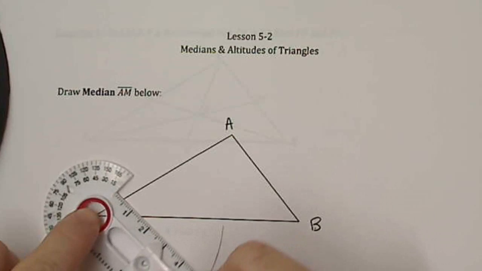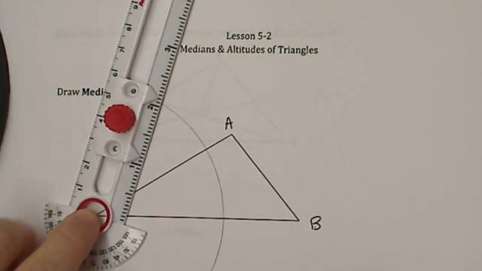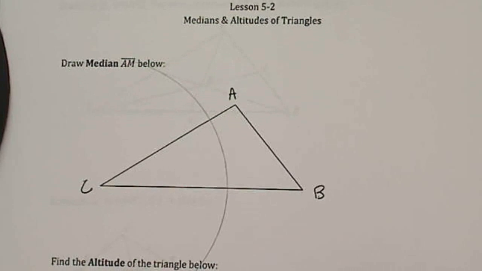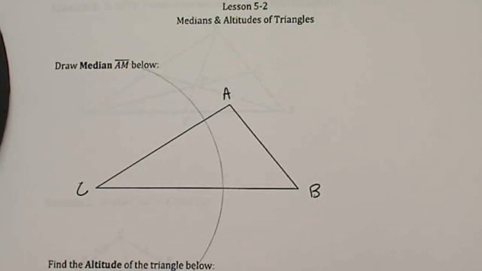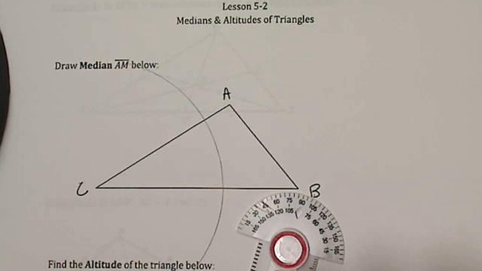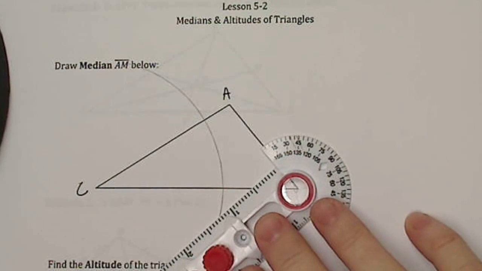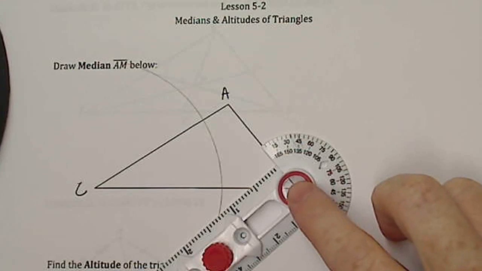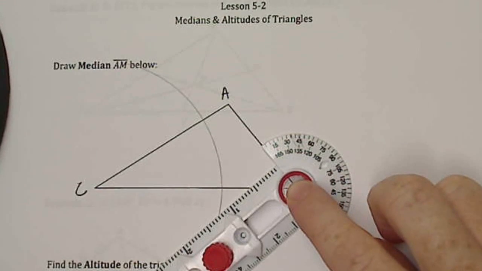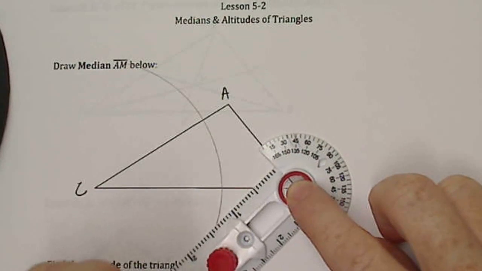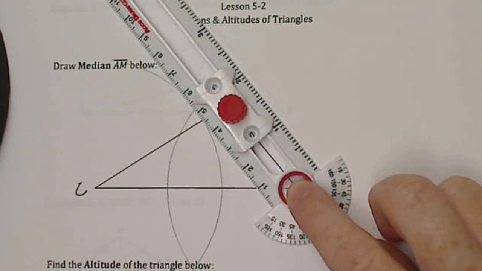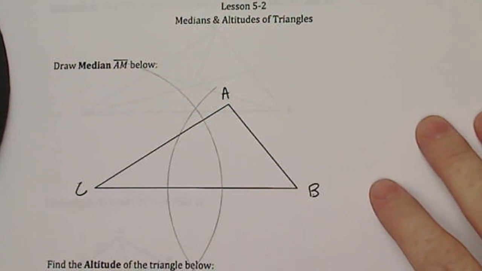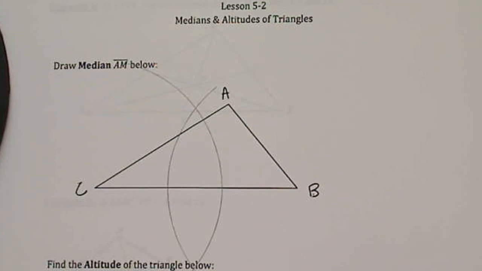You're going to swing it to make an arc, just like that. You're going to take your compass and put it also on vertex B, keeping the same hole. You're going to take your pencil and swing it around so that you get this shape where they meet.